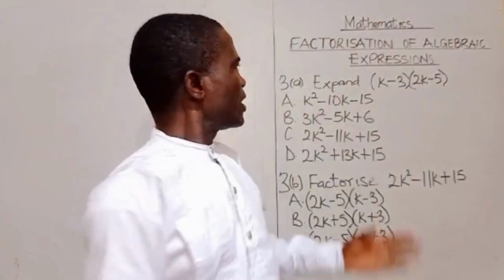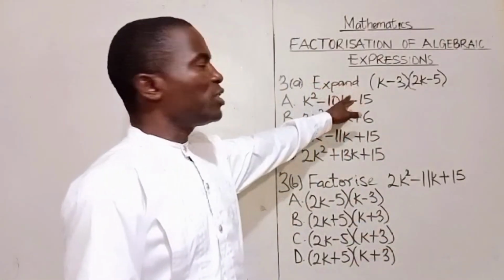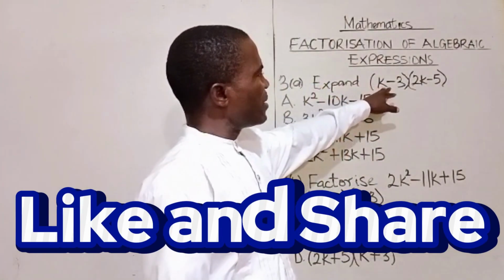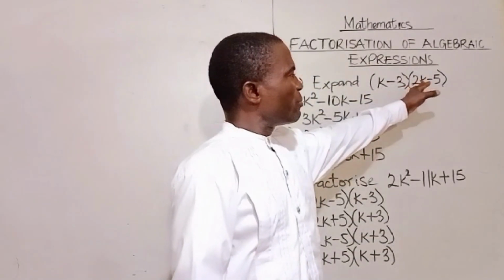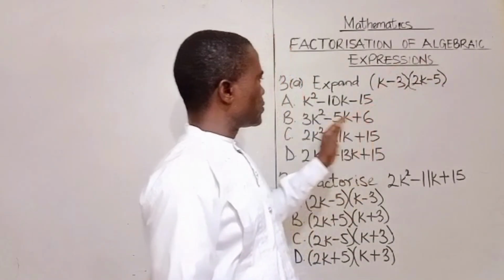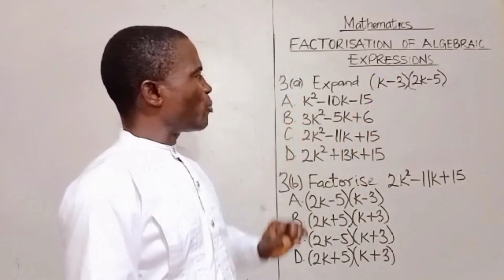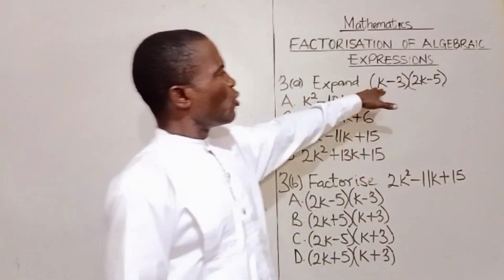Example 3 says expand bracket open k minus 3 bracket close, bracket open 2k minus 5 bracket close, and here are the options. Now, how do we go about this?